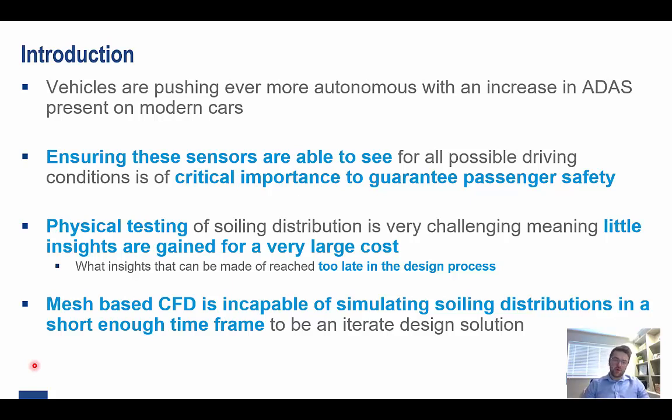This means we need to use simulation instead. Mesh-based CFD, however, is not well suited to this sort of application. As we've already discussed, this is a highly complex system with moving parts, splashing elements and free surfaces. So in order to actually be able to simulate this in anything like a reasonable time frame, it would need to be such a coarse simulation that it's not going to reflect reality at all.